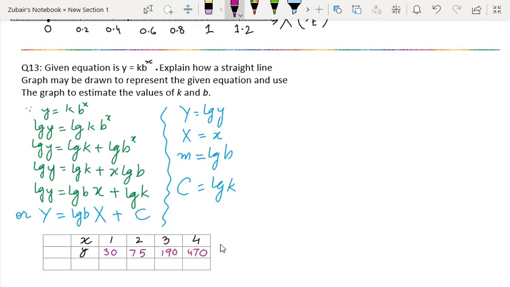Okay, so now we can see that y is basically LGY and x is simply x.